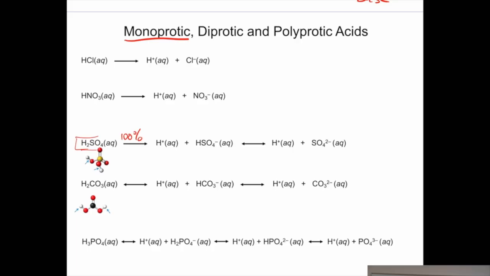But sulfuric acid, as a strong acid by itself in solution, has really only lost 1 proton. The products are the hydronium ion over here and this thing, which we call the hydrogen sulfate ion. And notice that sulfuric acid is a neutral. Hydrogen sulfate ion, that's a 1 minus.